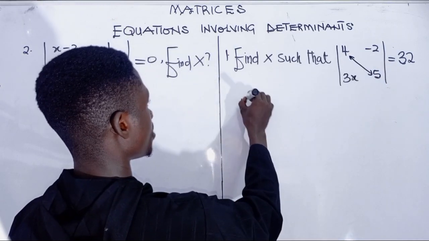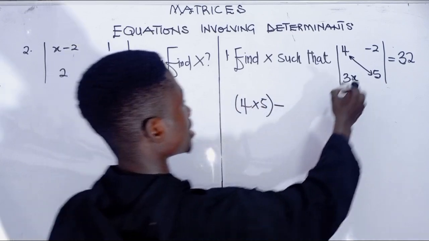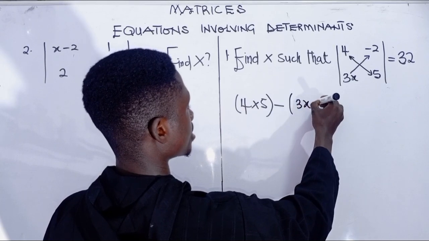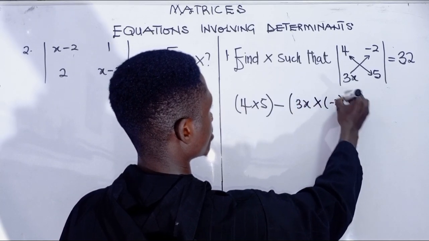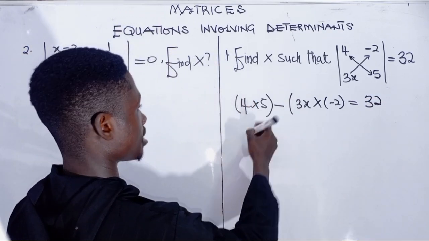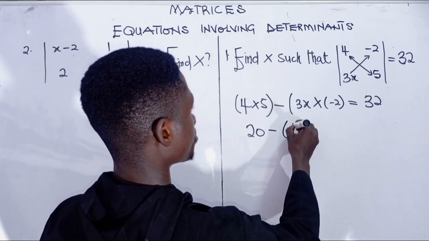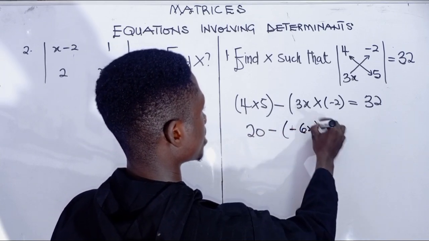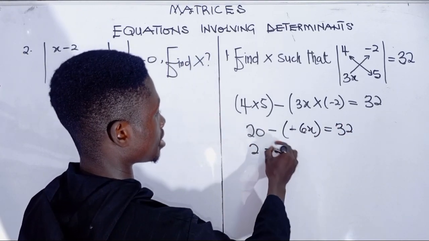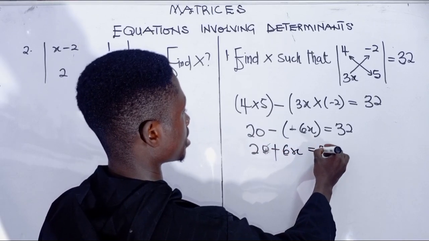So we have 4 times 5 and then minus this will multiply that, 3x times minus 2, and this is equal to 32. So this times that will give us 20 minus minus 6x is equal to 32. So we have 20 plus 6x is equal to 32.